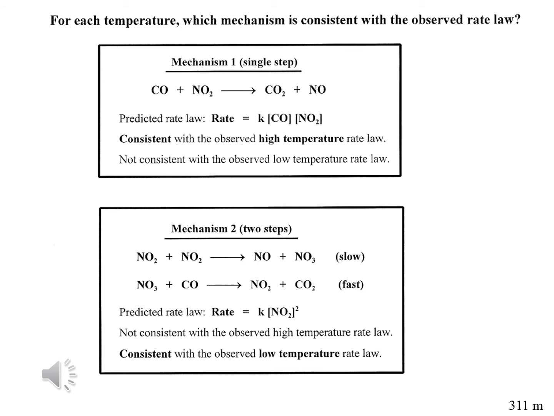Mechanism 2 involves the creation of a reactive intermediate. So it made a very reactive molecule, NO3, that was able to continue the next step and still produce the products, even though the reaction was probably slower. Now the thing is, you do this all the time when you're trying to drive. Let's suppose that you have a way that you go to school.